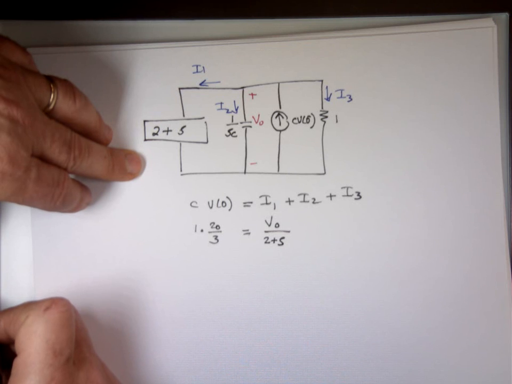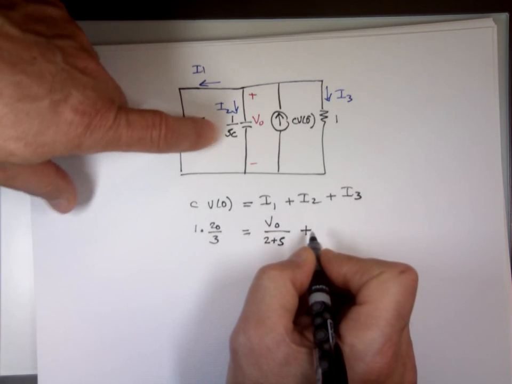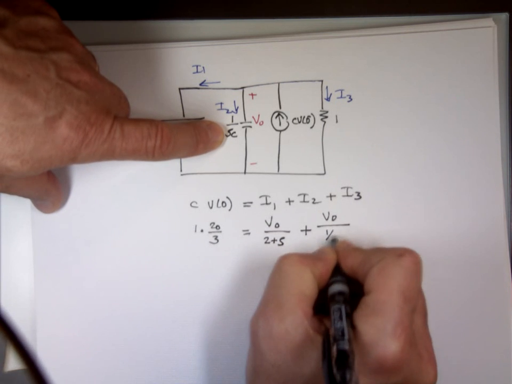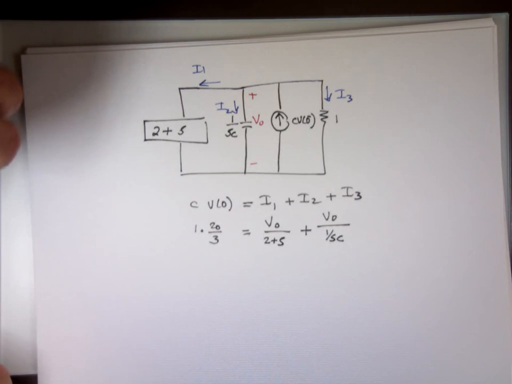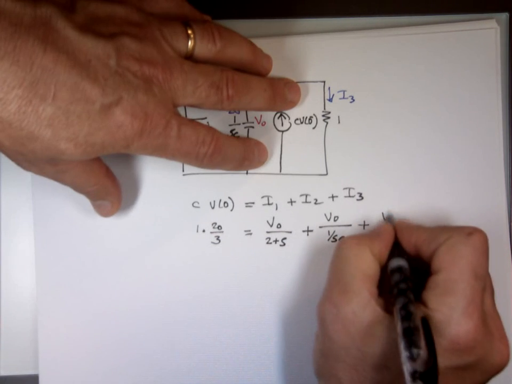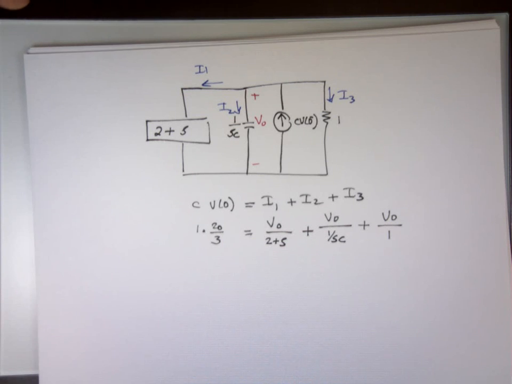Plus, what about I sub 2? V out divided by 1 over SC plus V out over 1. How many unknowns do you see? 1 unknown.